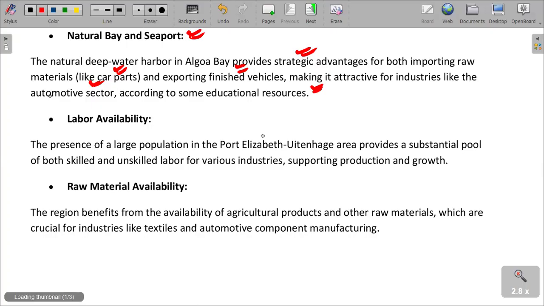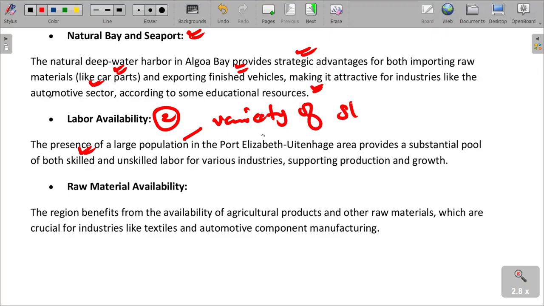We also have labor availability as number two. The presence of a large population in the Port Elizabeth area provides a substantial pool of skilled labor. Large population sizes provide a variety of skills, which are needed.